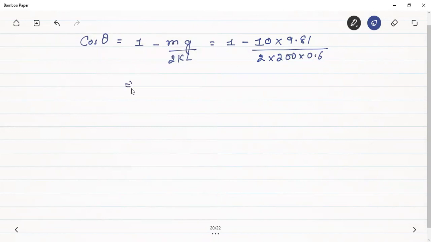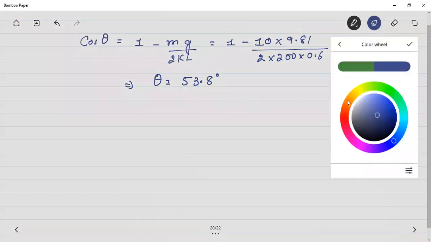Okay, so from here we can calculate the cos inverse of this term, and we will get that theta is equal to 53.88 degrees. Okay, so these are the two values of theta for which the system will be in equilibrium. Now we have to investigate the stability of the equilibrium.